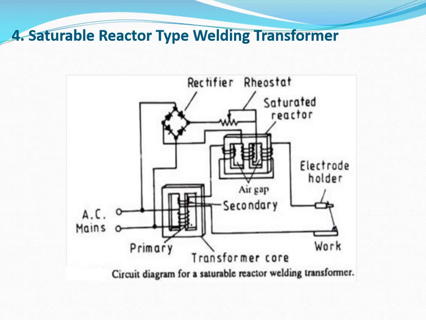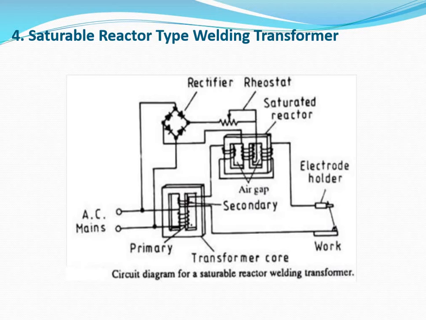Here this figure shows the basics of the circuit for a simple saturable reactor power source. To achieve the desired aim of low voltage and high current, the reactor coils are connected in opposition to the DC control coil. With AC, the waveform for gas tungsten arc welding is quite important.